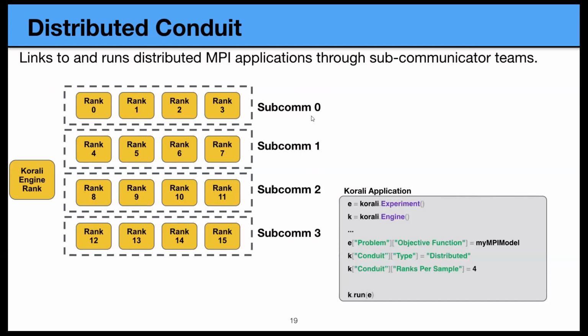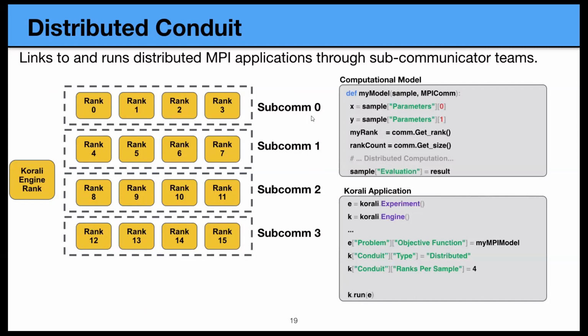And so if you want to use Korali to run this model, instead of each rank running its own copy of the model, you may want to define teams. So these 4 ranks here, even though we are still using 16 workers, they will team up in teams of 4. And they will collaborate among themselves to run your model.